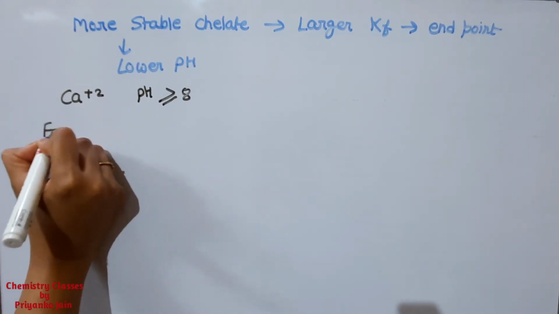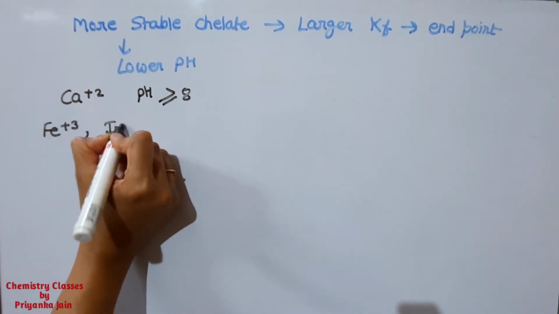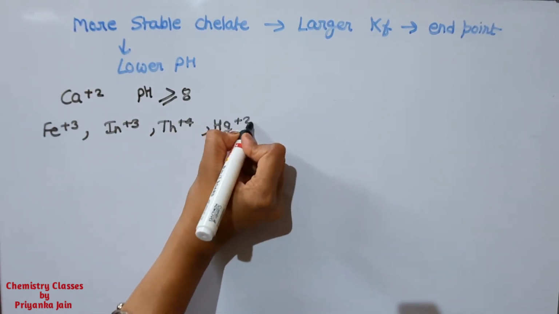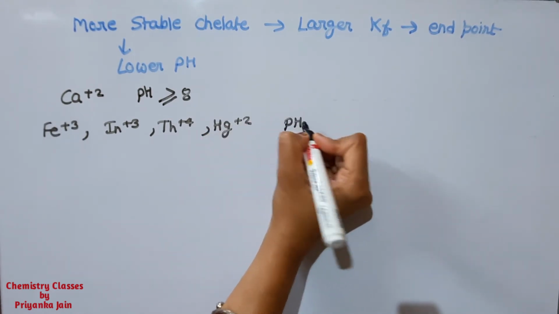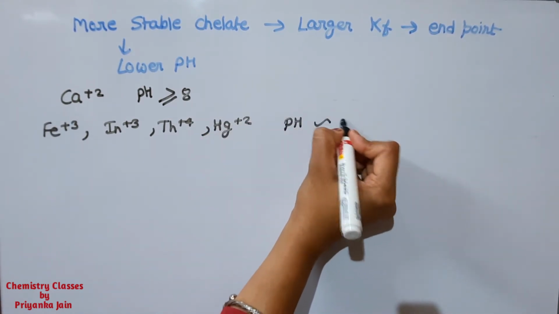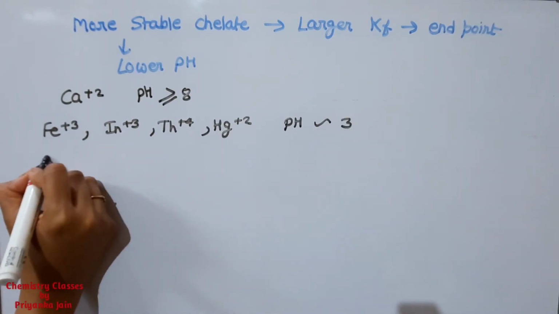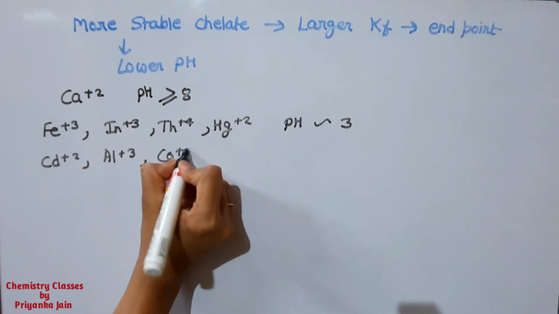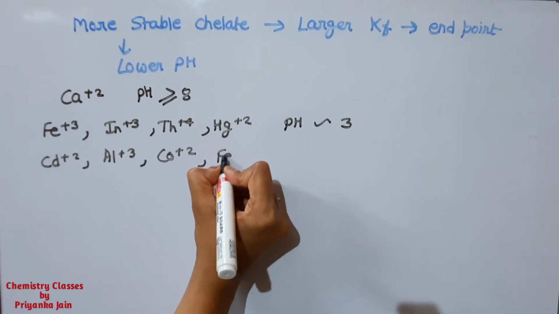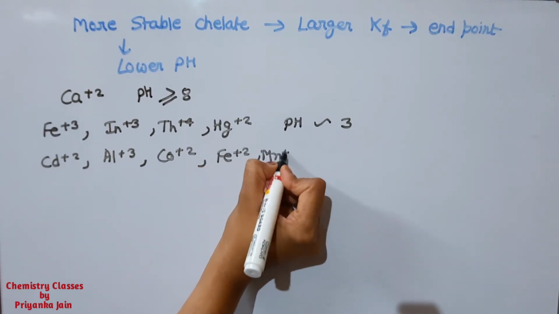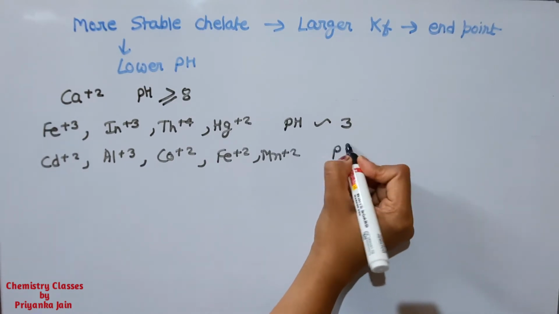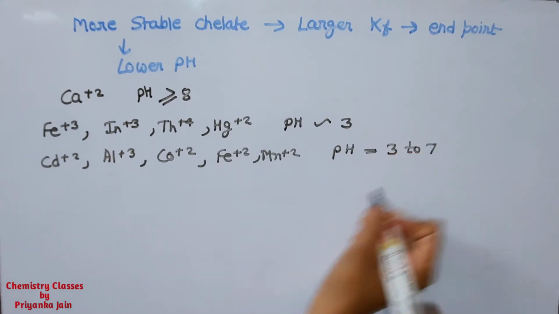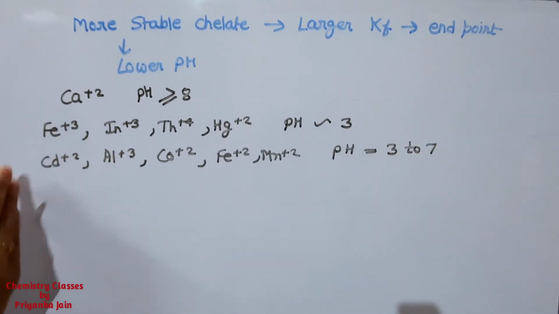For ions like Fe+3, Indium+3, Thorium+4 and Hg+2, we require a slightly acidic pH, almost equal to 3. But in some cases like Cd+2, Aluminium+3, Co+2 and several others like Fe+2, Mn+2, Zinc+2, the pH that we require is between 3 to 7. So we require a different pH for a different ion.